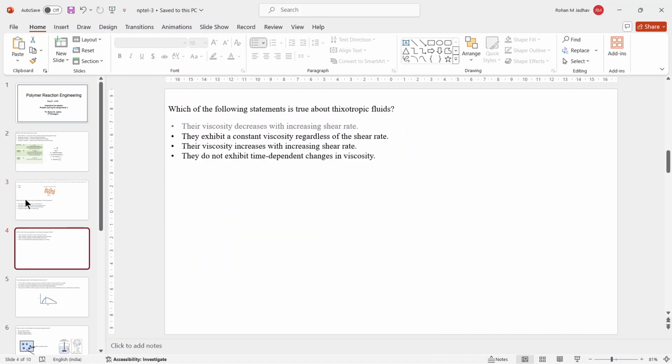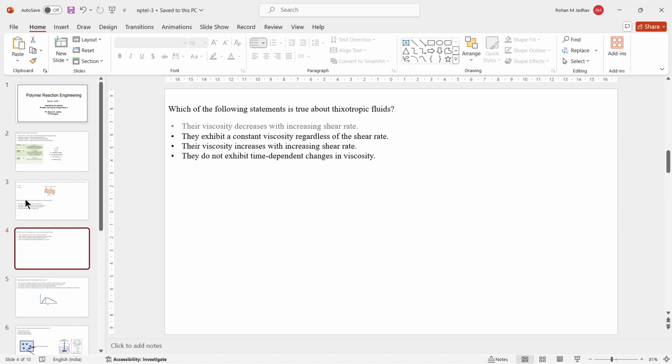Next, we have: which of the following statements is true about a thixotropic fluid? Now, you already know the definitions for the different Newtonian and non-Newtonian fluids. Non-Newtonian fluids consist of Bingham plastics, dilatant fluids, and pseudoplastics. So how do thixotropic and rheopectic fluids come into the picture? These two fluids are special because they have time-dependent properties.